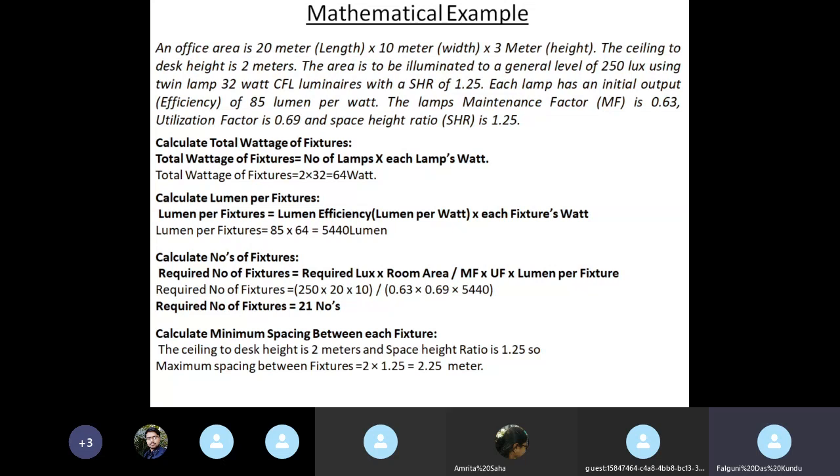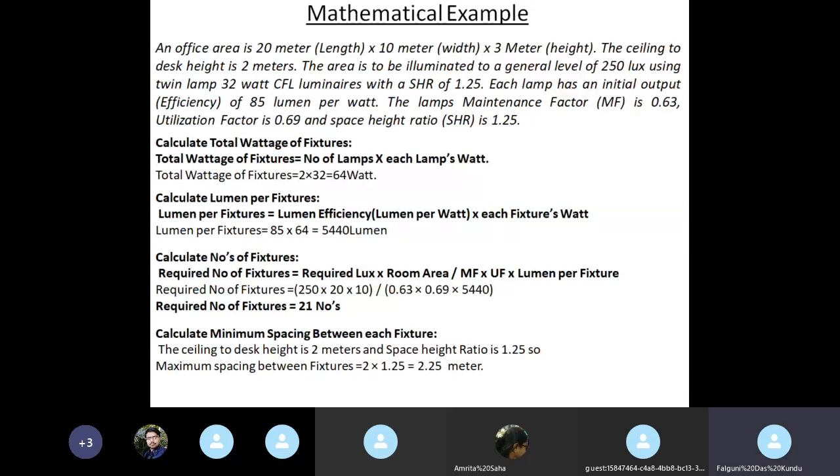Now calculate the total wattage of fixtures. The total wattage of a fixture is the number of lamps into each lamp's wattage. Here we see twin lamp with 32 watts CFL each, that means 2 into 32, that is 64 watts. Then the lumen per fixture is the lumen efficiency, that means lumen per watt, into each fixture's watt.